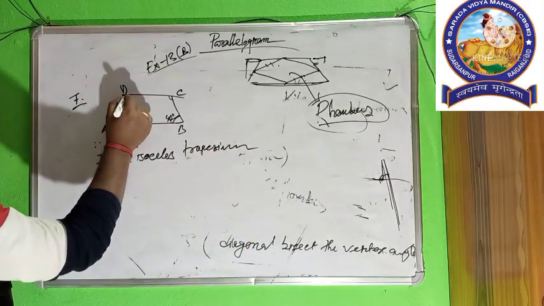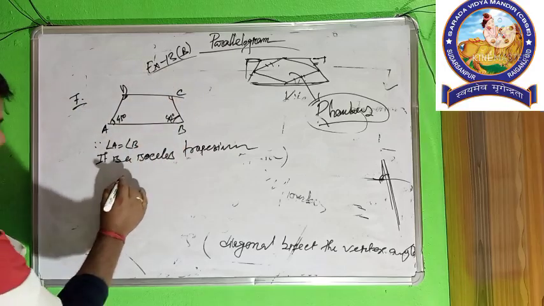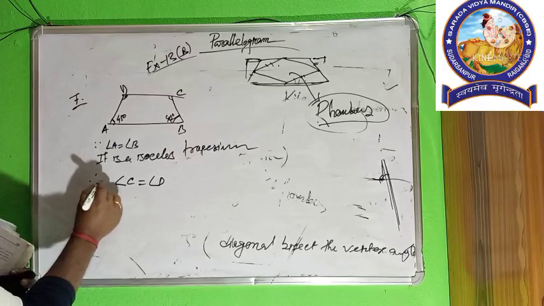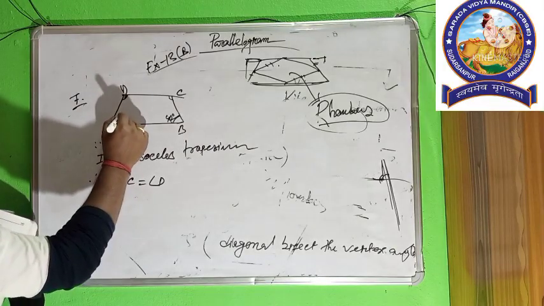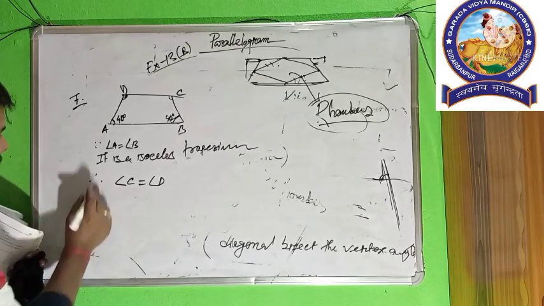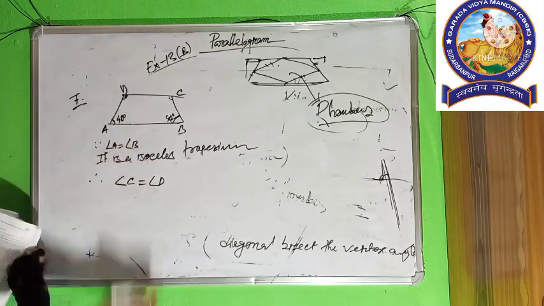Then angle C equals angle D. Now if we find angle D, then we get the value of angle C, and we know that these two angles are co-interior angles.